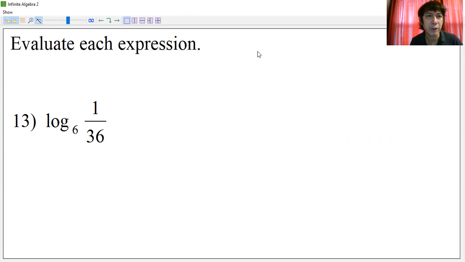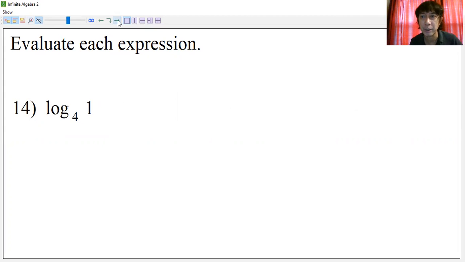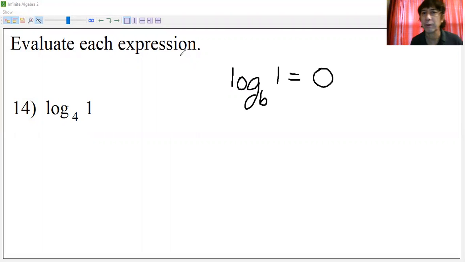We shall continue with number 14. There, here's number 14. Here's another property that we should discuss. If you see a 1, okay, logarithm of 1 to any base is equal to 0. There, that's a logarithmic property.